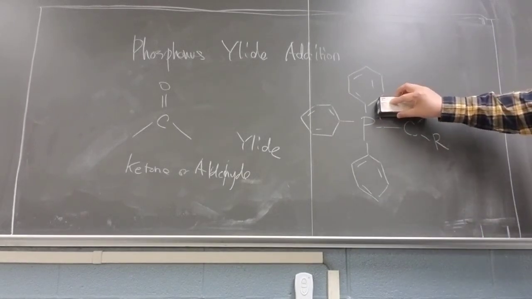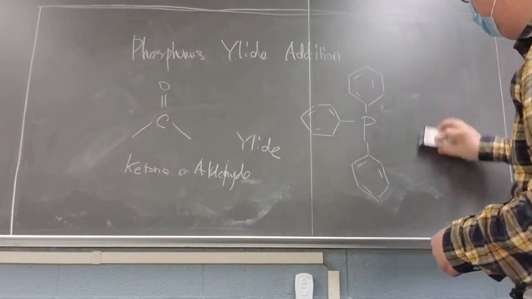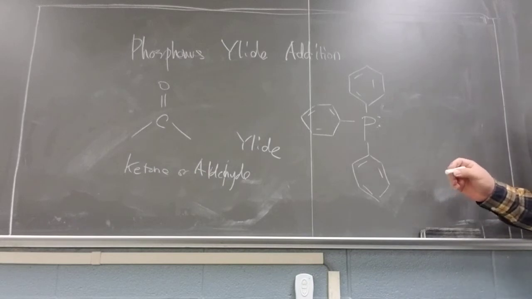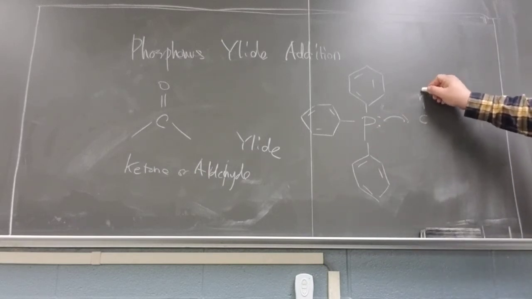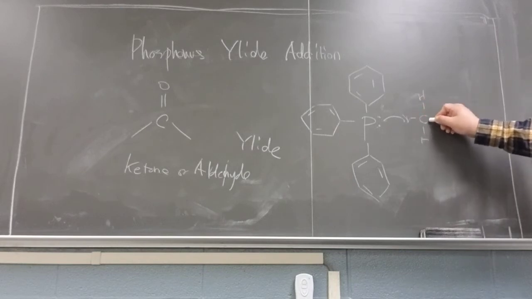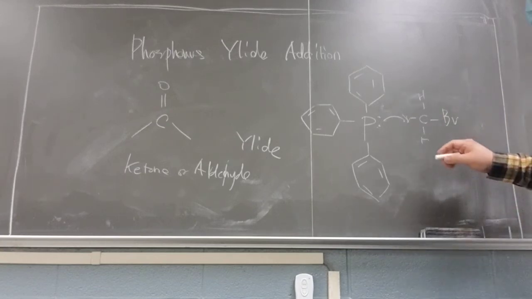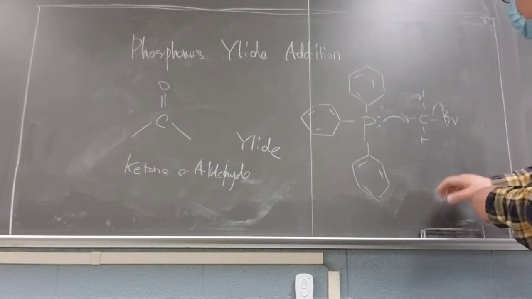So the way we can make this one is, whenever you have triphenylphosphine, there's a lone pair in here that can attack the carbon with the halogen group, maybe bromine here. This is bromomethane, and this will make a leaving group here.